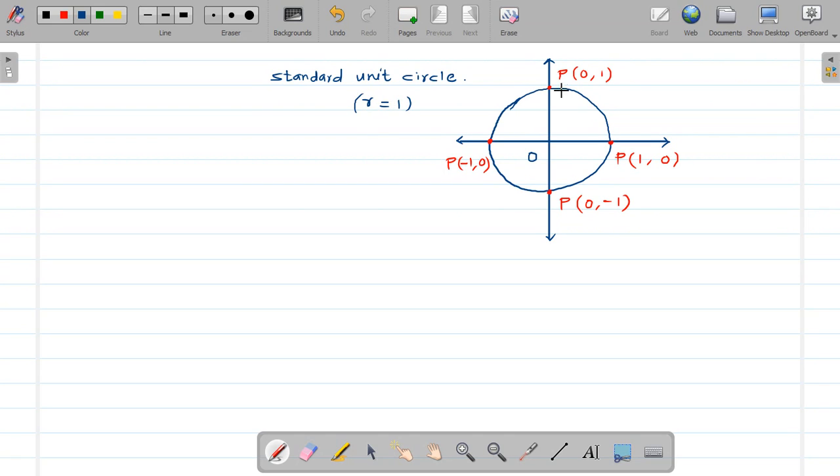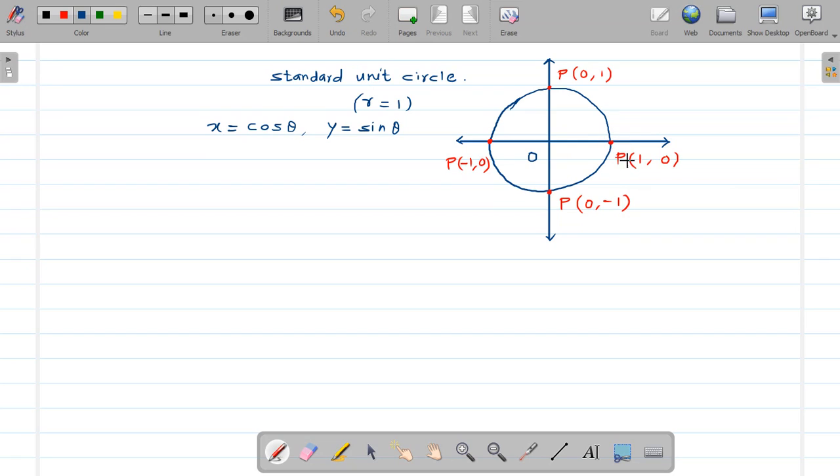Now if you take any point on the circumference of the circle, then we know that the x coordinate is the value of cos theta for that particular angle, and also the y coordinate is the value of sin theta for that particular angle. The angle depends on the position of this point on the circumference of the circle.